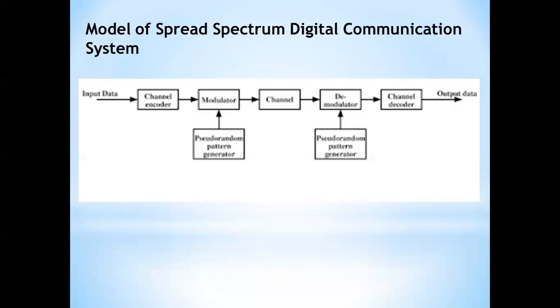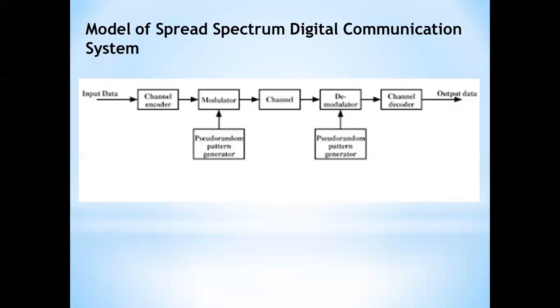Two types of interference are present in an SS digital communication system, namely narrowband and broadband interference. The modulation techniques used are phase shift keying and frequency shift keying.